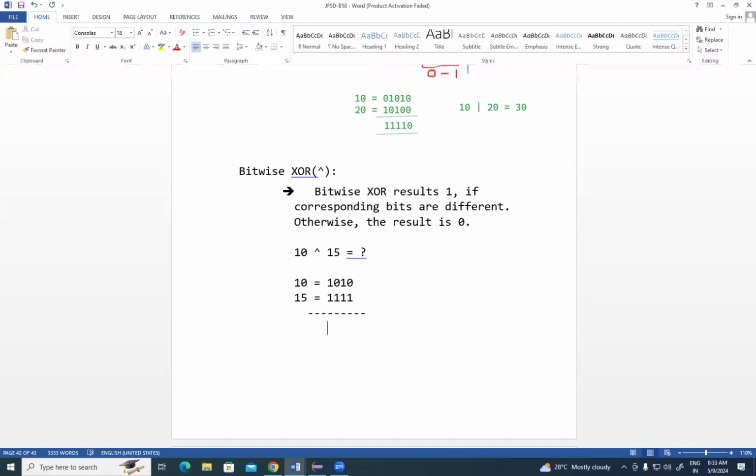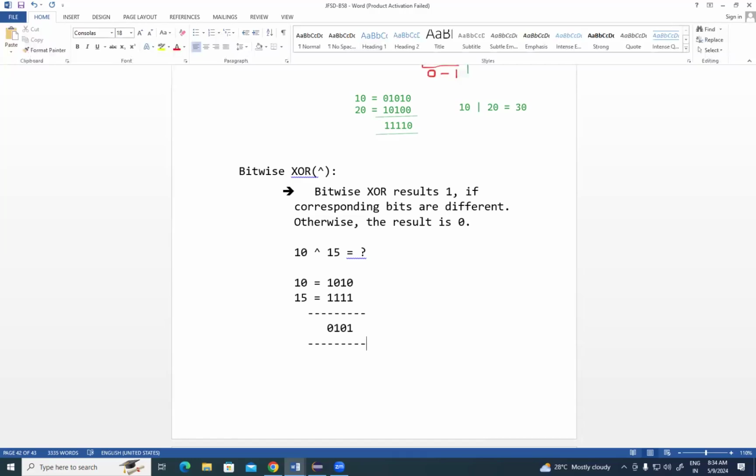If the corresponding bits are different, the result will be 1. Here, are the corresponding bits the same or different? Same, so 0. Different, so 1. Same, 0. Different, 1. Folks, am I clear?